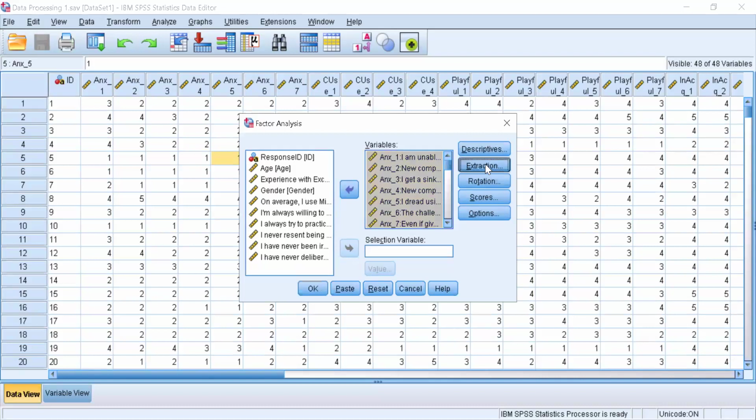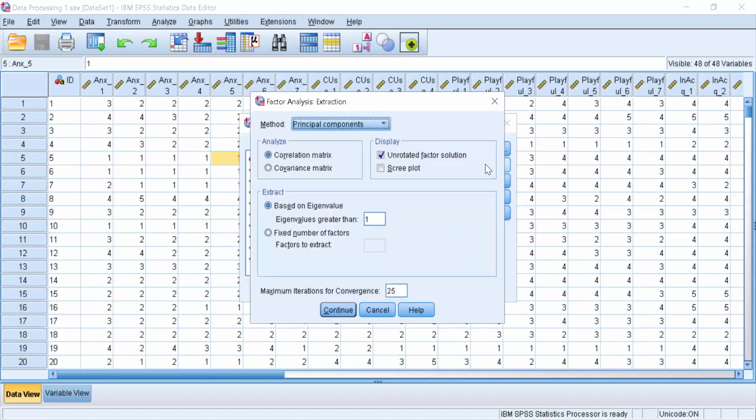मैंने बताया था आपको एक्सट्रैक्शन मेथड हमें डिसाइड कर स्पेसिफाई करना होता है. जनरली एक्सट्रैक्शन मेथड जो है वो प्रिंसिपल कंपोनेंट्स ही होता है फॉर सोशल साइंसेस. मैक्सिमम लाइक्लीहुड होता है कुछ केस स्टडी वाले काइंड ऑफ इसमें, बट प्रिंसिपल कंपोनेंट्स डिफॉल्ट है वो वैसे ही रहे. Second, you can also tell your software how many factors you want to extract.